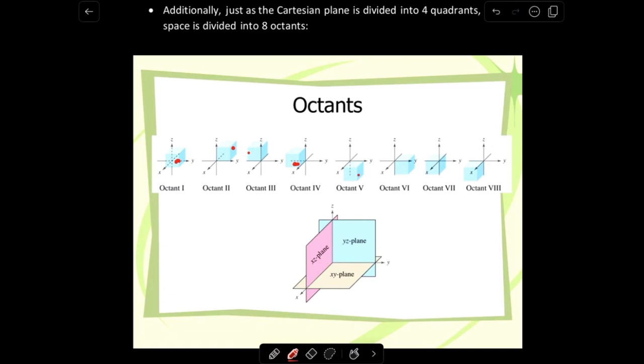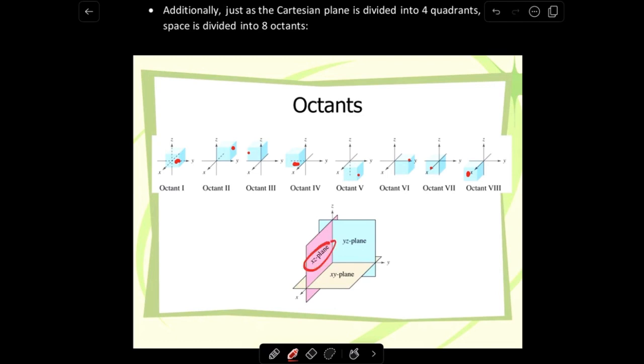Then we have positive x, positive y, and negative z, that's octant 5. Next, we have negative x, positive y, and negative z, that's octant 6. Then we have negative x, negative y, and negative z, that's octant 7. And here we have positive x, negative y, and negative z, that is octant 8. So those are your octants. And let's look at what we have here.